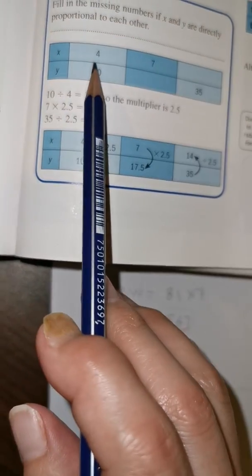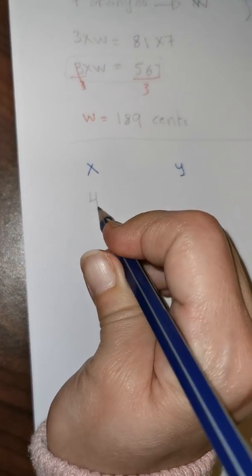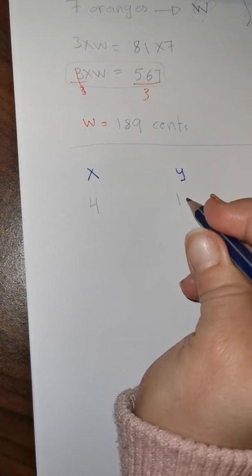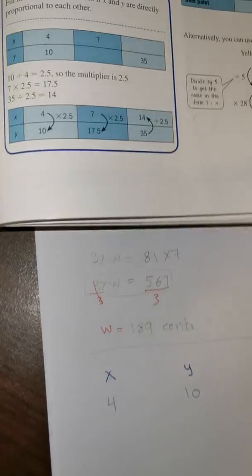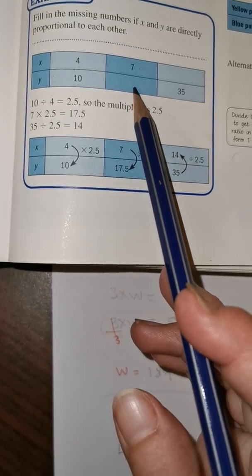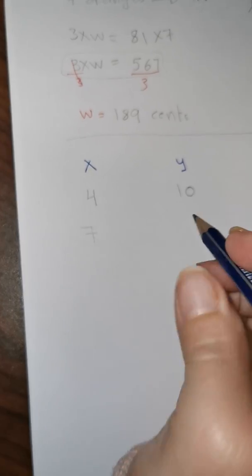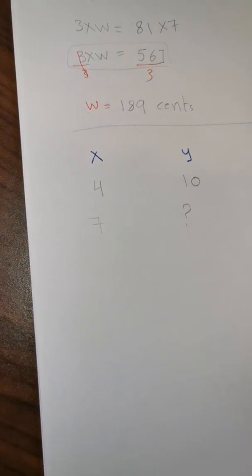If x equals 4, you will get y equals 10. Then if x equals 7, what is the value of y?